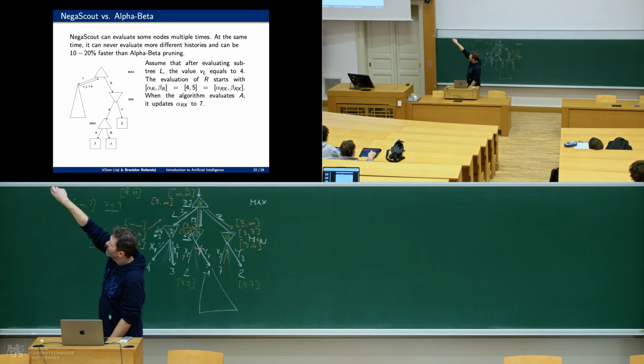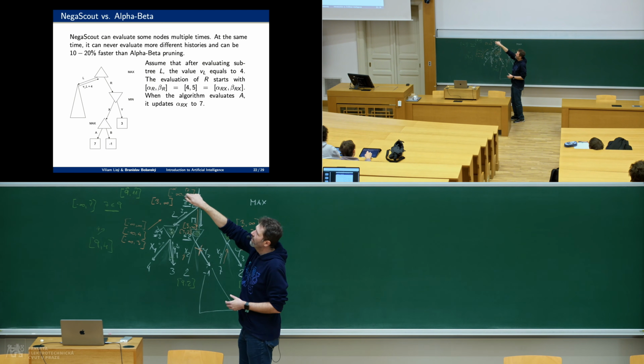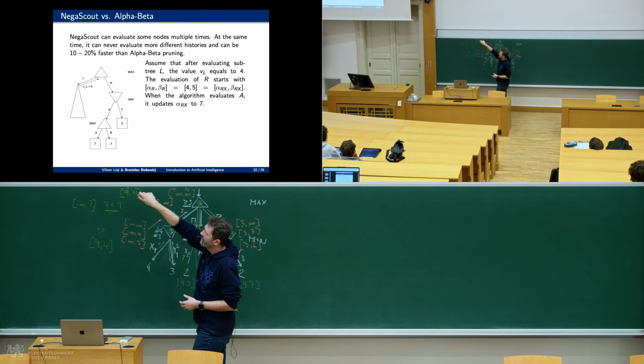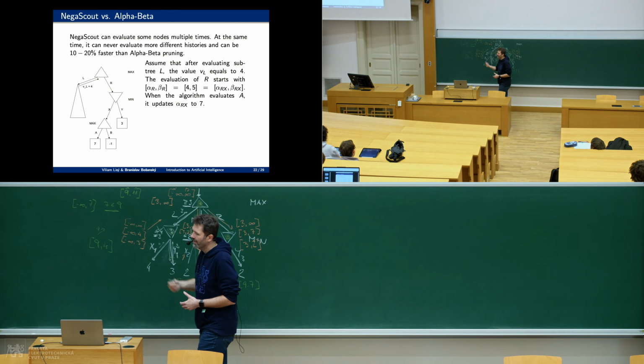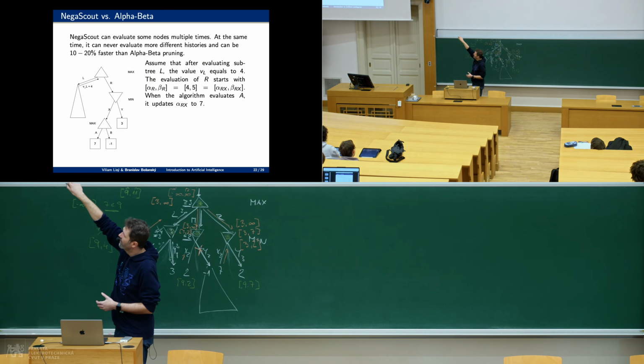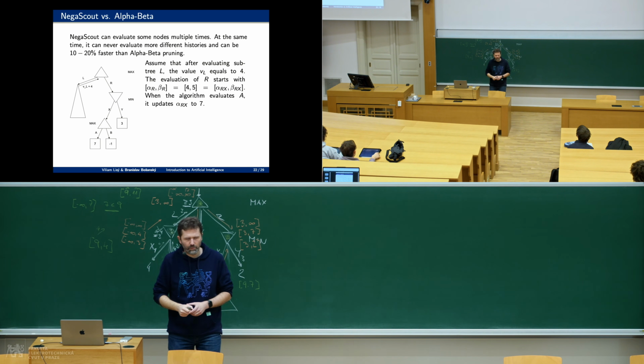When the algorithm goes through the search in the tree, in this maximizing node, the algorithm will find the value 7 and update the lower bound of this node to 7. But thanks to the fact that we have set the upper bound artificially to 5, this B is not going to be explored. So we will have a pruning here.